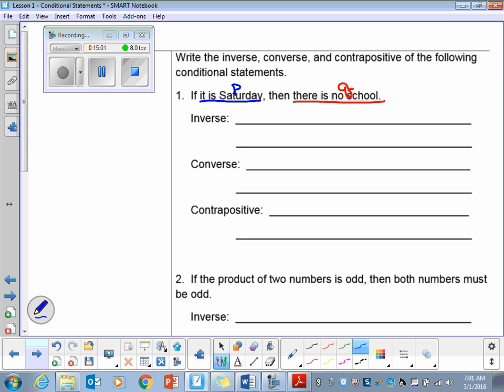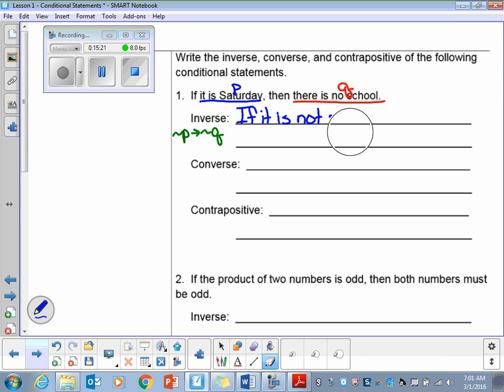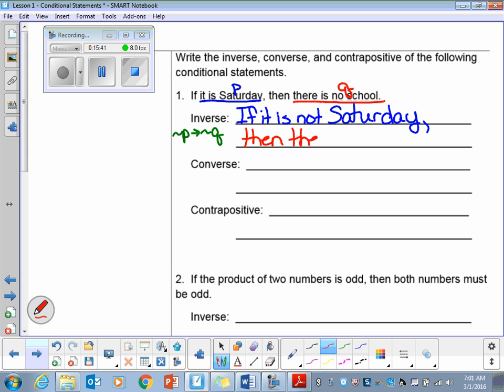So I'm going to write not P, then not Q. So if it is not Saturday, okay, then there is school. I'm turning the no school into a positive.